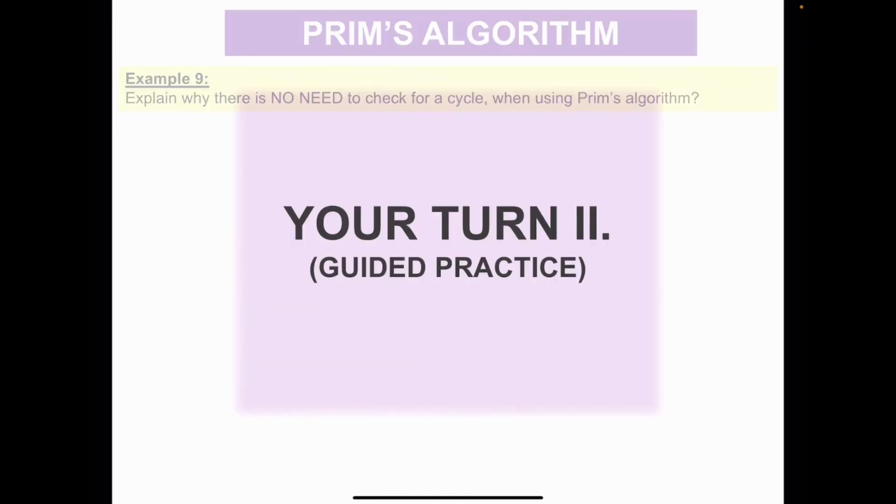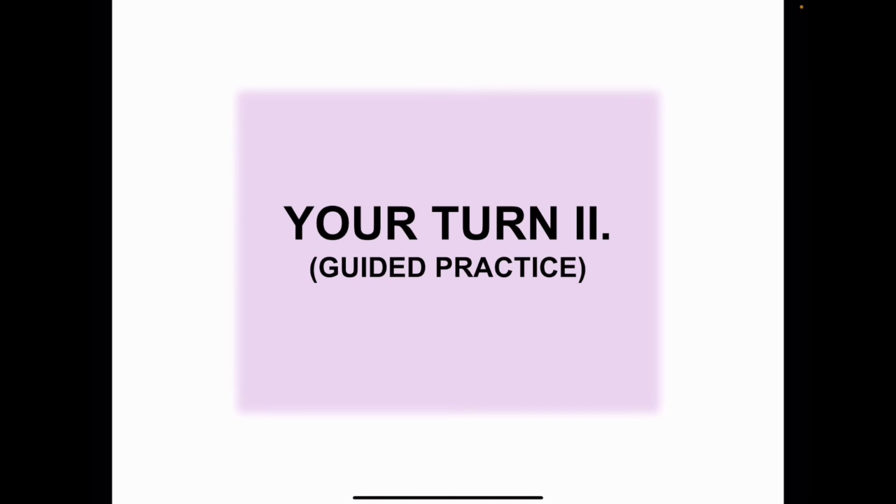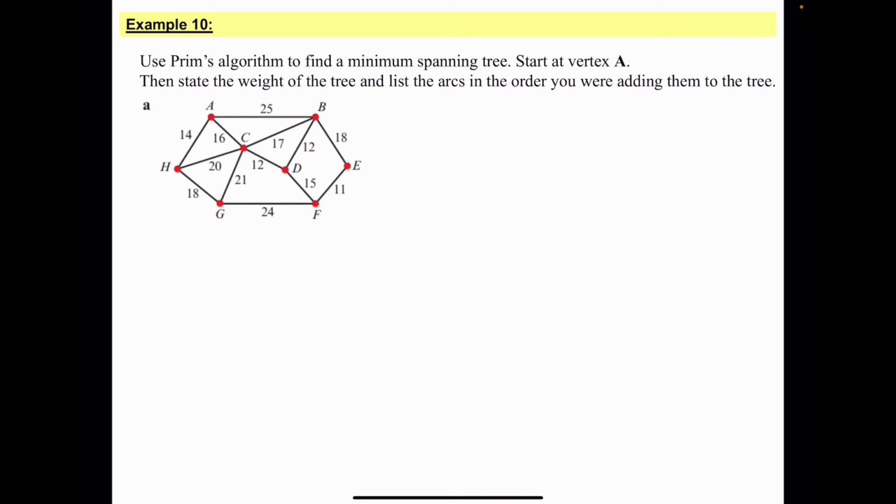So let's look at the guided practice. I prepared a couple of questions. Do you remember this example from the Kruskal algorithm that we have done? It's exactly the same network, except we need to use Prim's algorithm now.